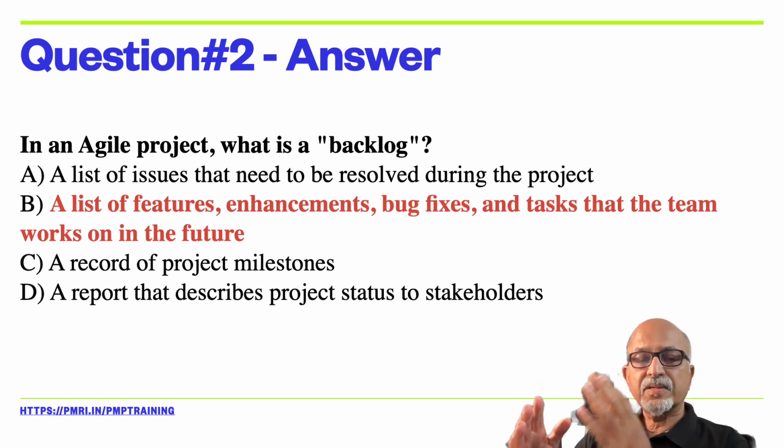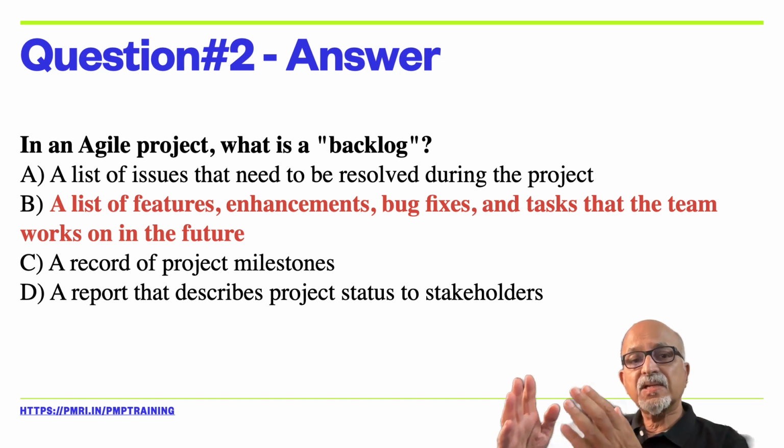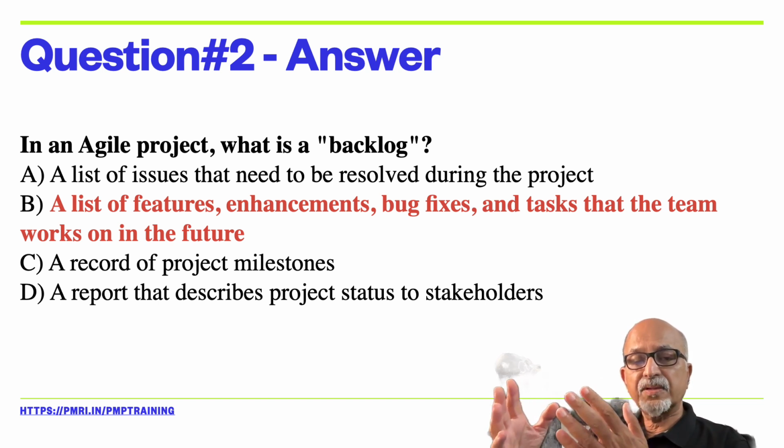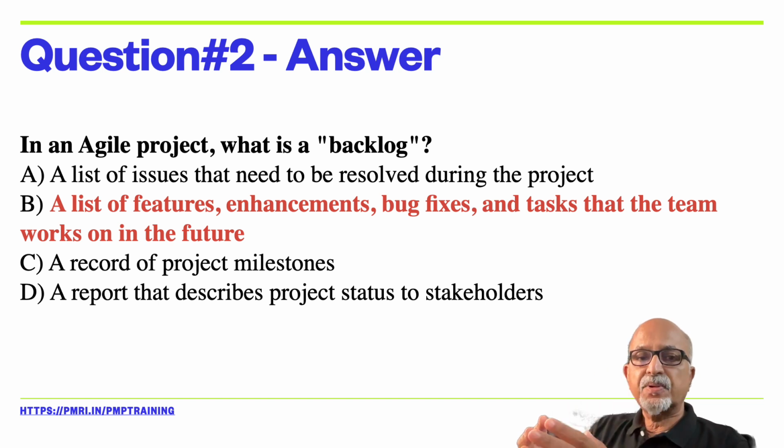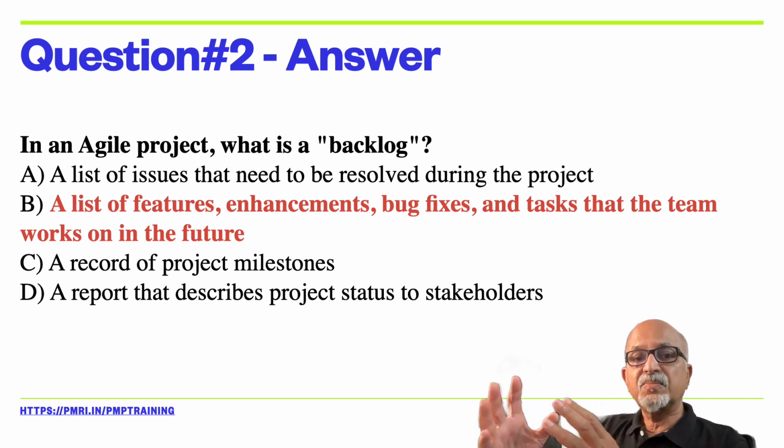One is the product backlog, the master list of all the features that may or may not get into the product. Then we do release planning, and then we prioritize into sprints. Whatever we have committed to deliver within a sprint becomes the sprint backlog.